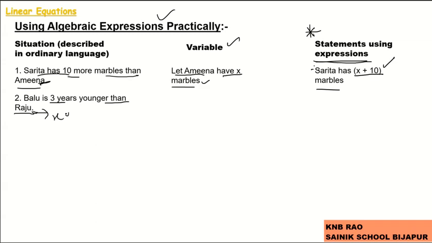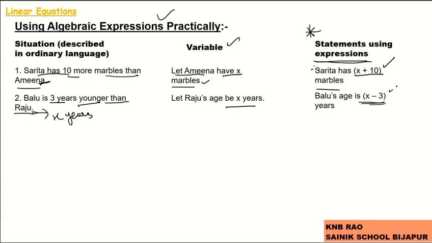So, that's all the logic. Let Raju's age be x years. After assuming, we get Balu's age as younger, that means subtracted. Therefore, Balu's age is x minus 3 years. I hope you are all getting the method of forming an algebraic expression.